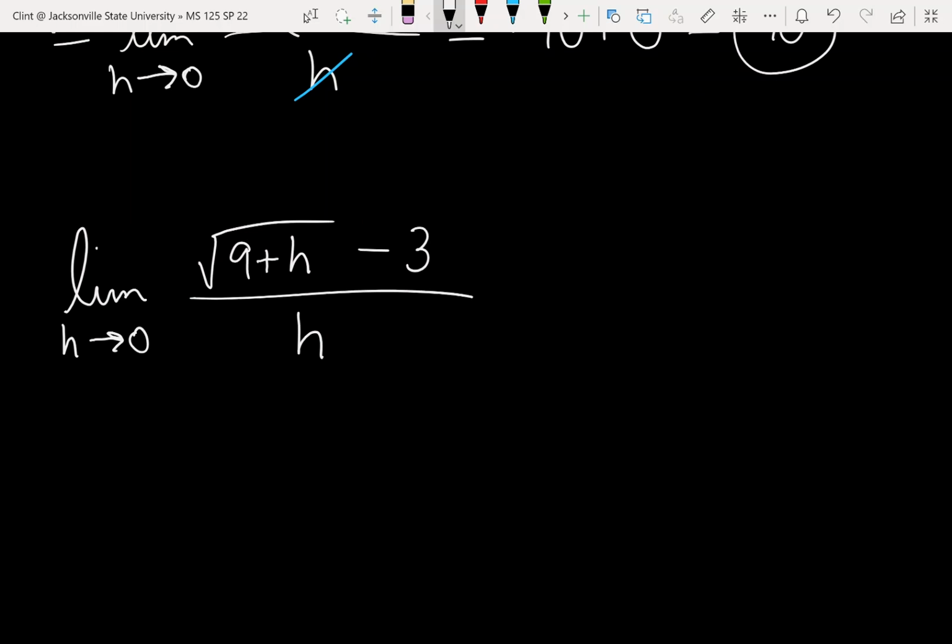So you're on the right thought path. That's a good thinking too, because h is supposed to be close to 0, so the square root of 9 plus h is close to 3. I'm not quite sure how to make that work algebraically, factoring it out of 9. Good thought.